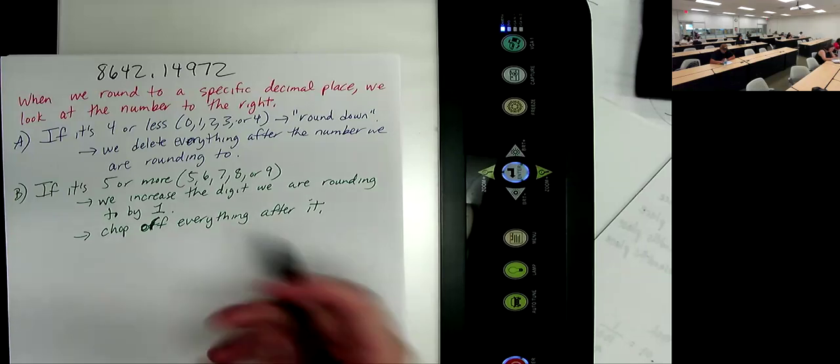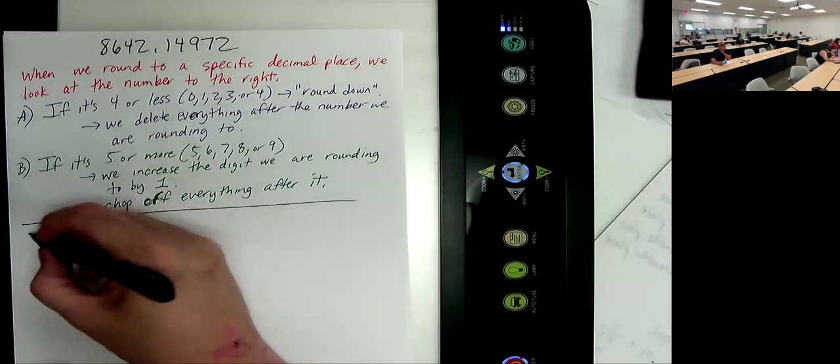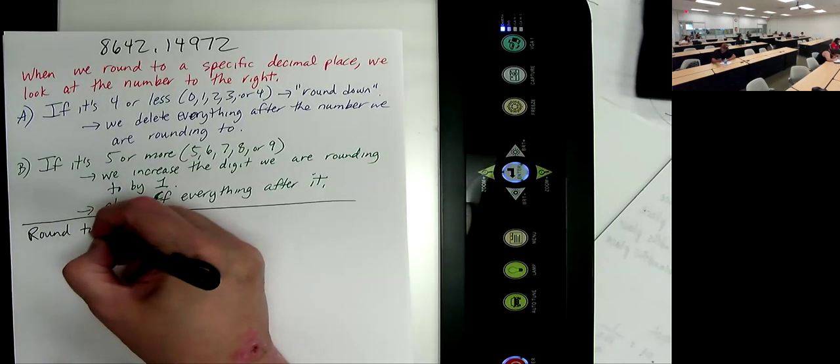So let's start off our example with: round to 4 decimal places the number above.